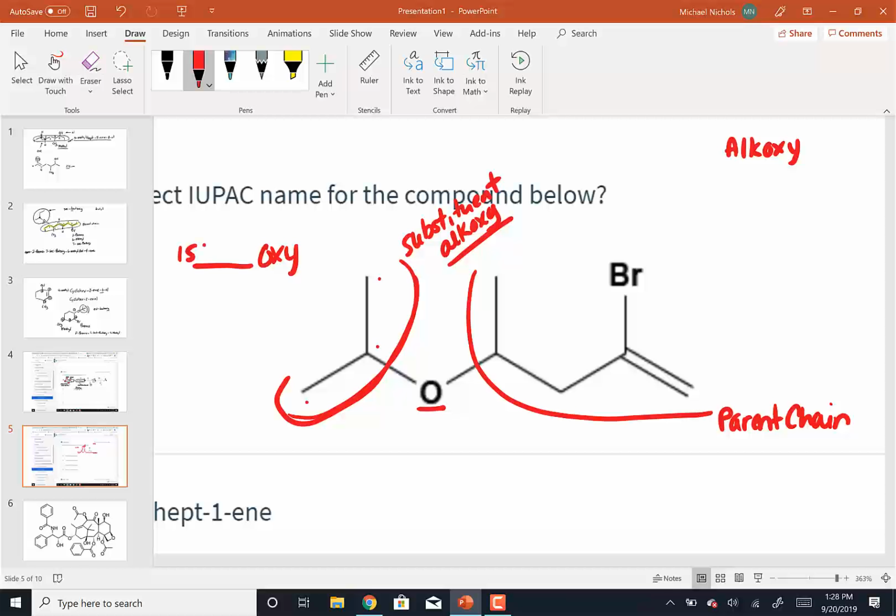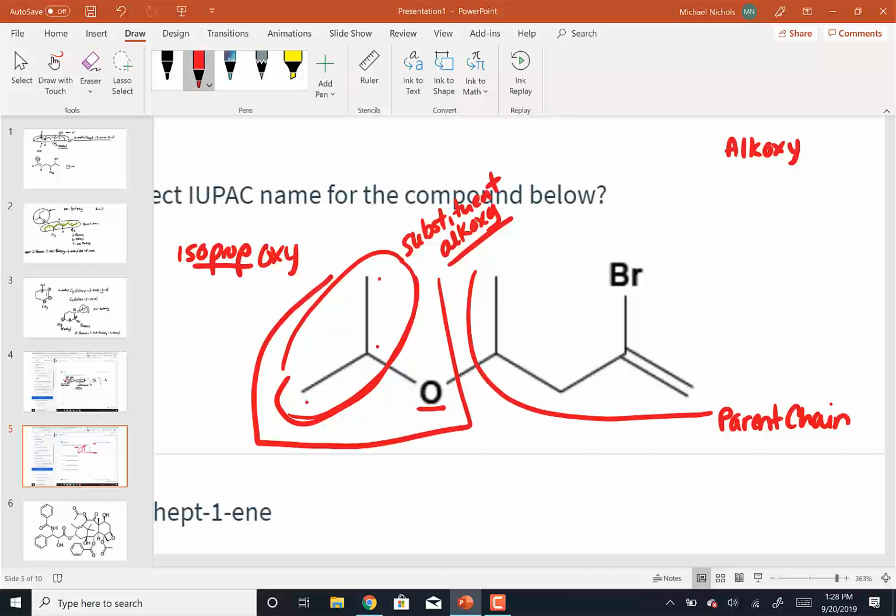So that group is an isopropoxy group. So I'm going to adjust my circle here, because that's the alkyl group I'm using for my common name.